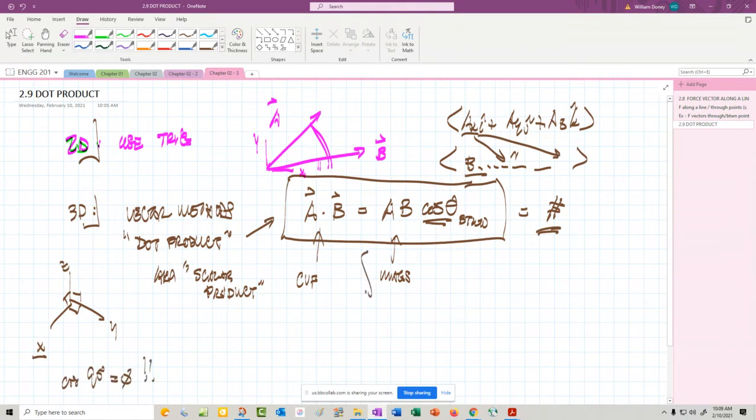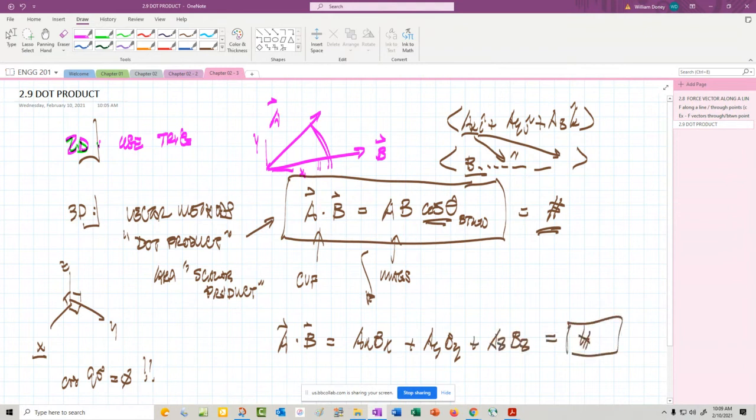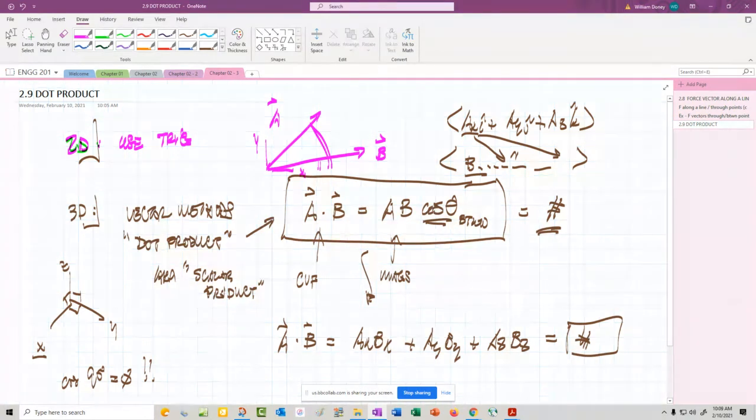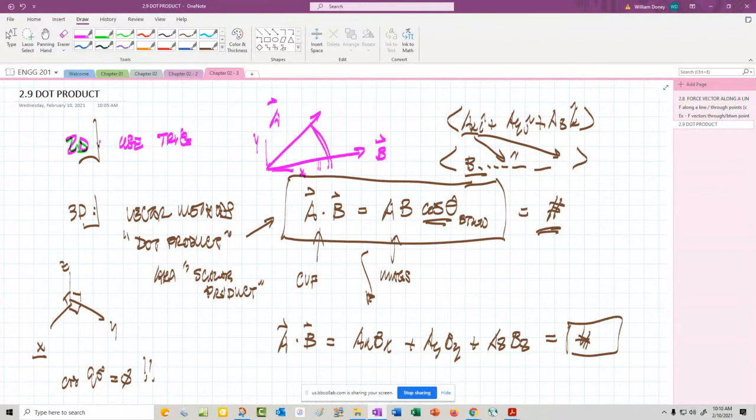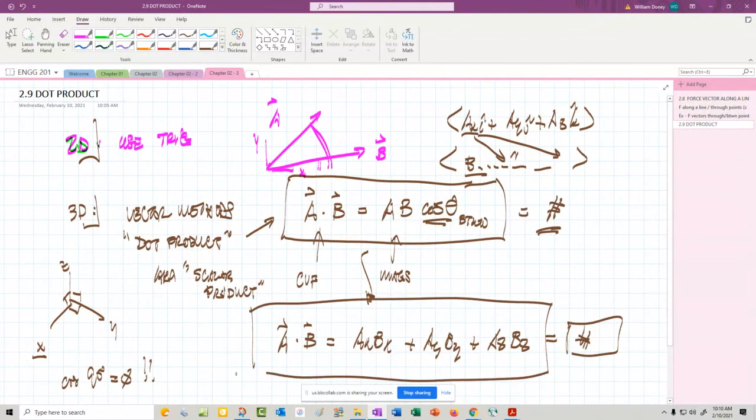So they all drop out, and what we're left with when we dot vector A with vector B is AX times BX, AY times BY, AZ times BZ, and that comes out to be some number. That's easy. There's no i, j, and k left, nothing else. Okay? And that's the dot product of 2 vectors.